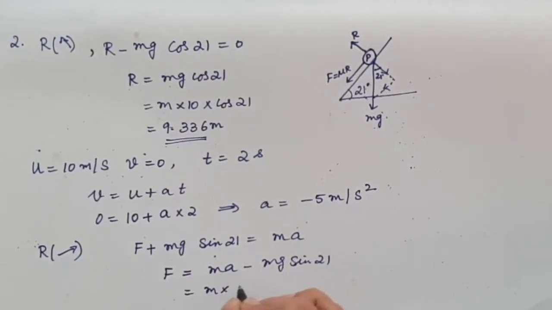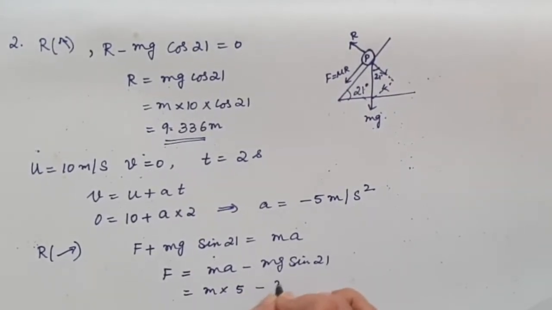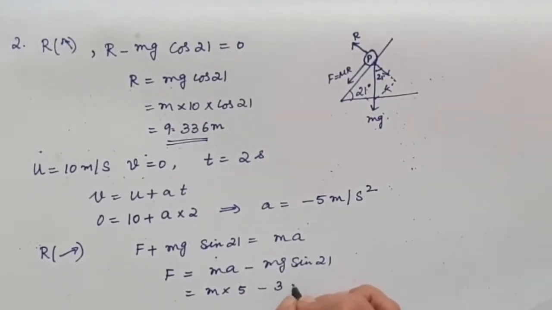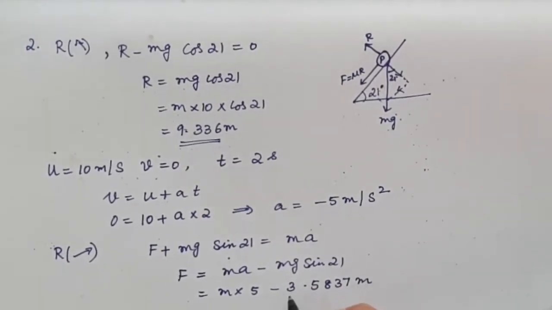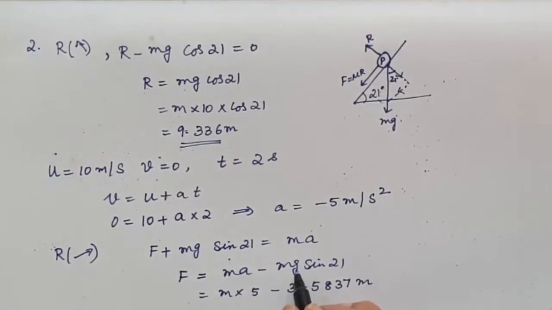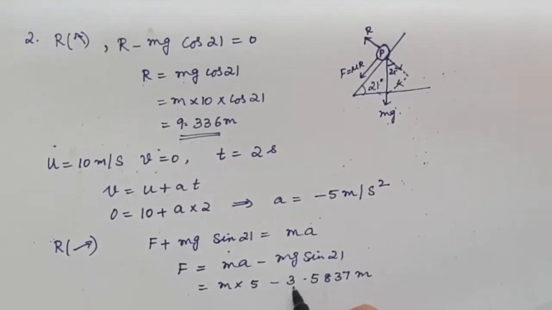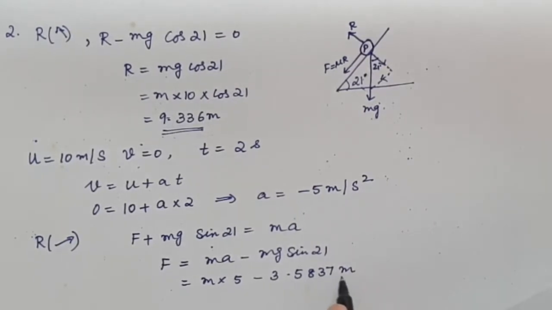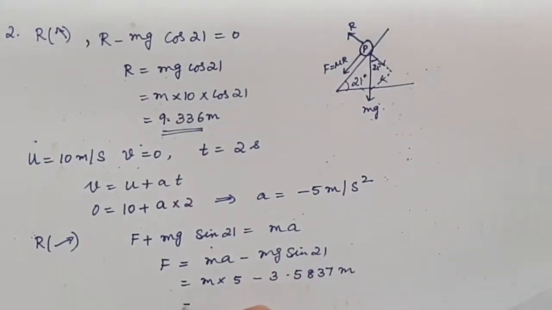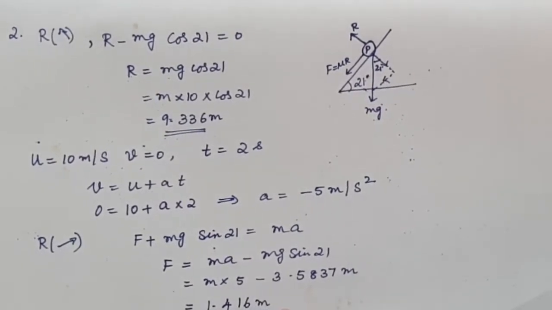Our a is minus 5, so F equals 5m minus 3.5837m, where g is 10, and 10 into sin 21 is 3.5837. So our F will be equal to 1.416 m.